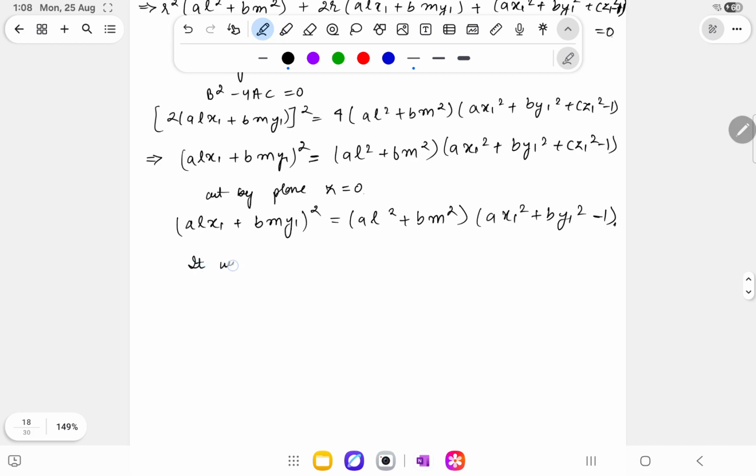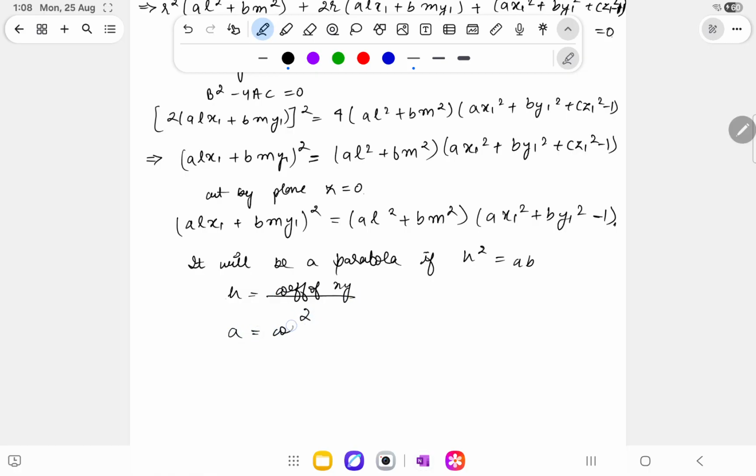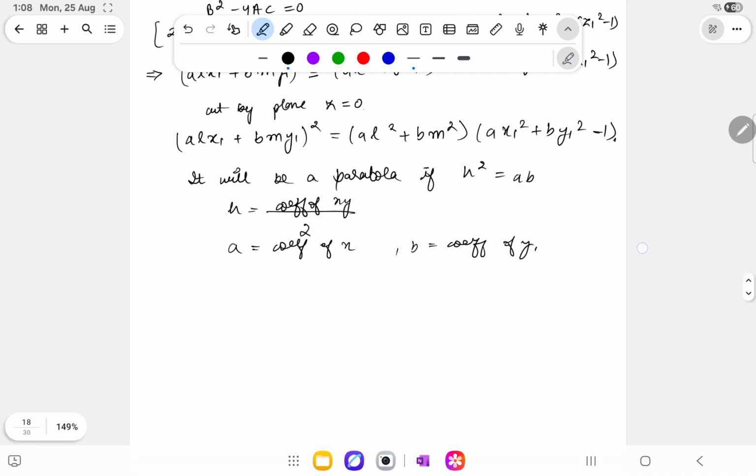It will be a parabola if h square equals ab, where h is the coefficient of xy divided by 2, a is the coefficient of x square, and b is the coefficient of y square.